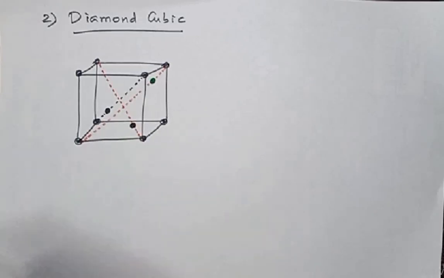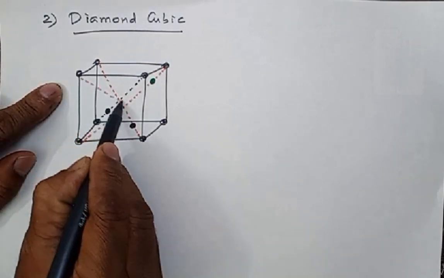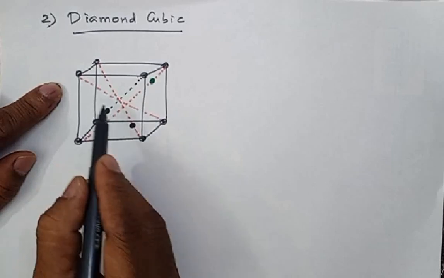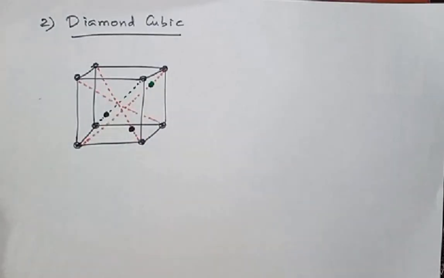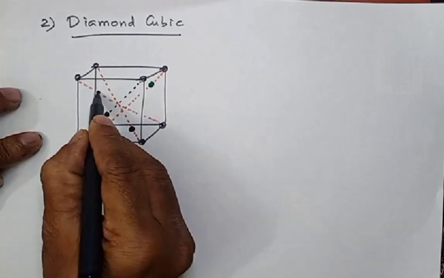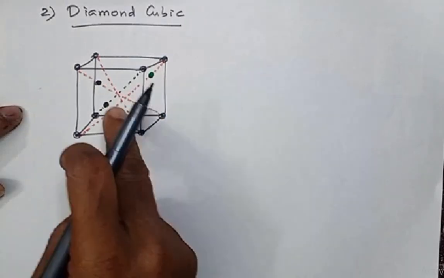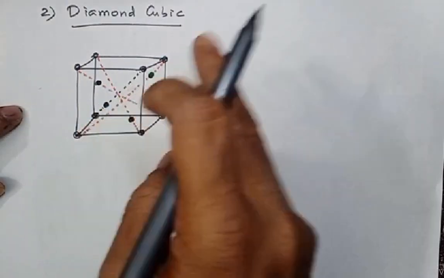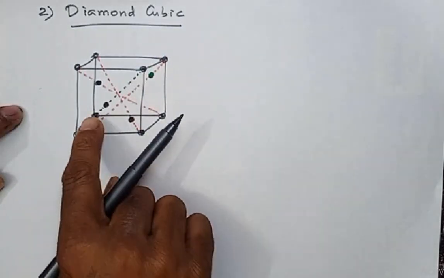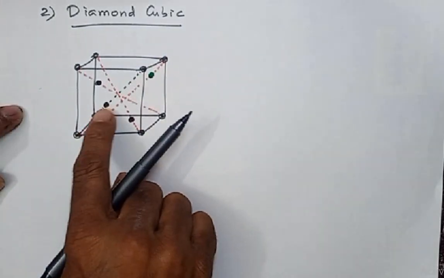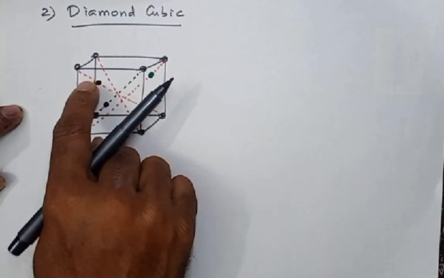Then from this corner I'll connect to that corner, and from this point, take 3 by 4th distance and place an atom here. So very simple. Take all the 4 corners and connect them to the diagonally opposite corners. Place the first atom at 1 by 4 distance, second atom at 3 by 4 distance, third atom 1 by 4, fourth atom 3 by 4. That's all.